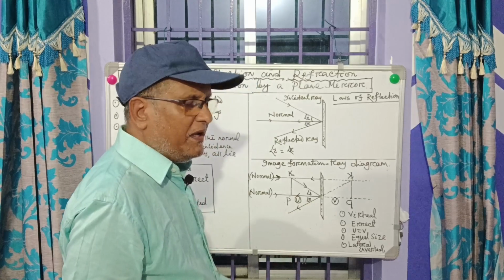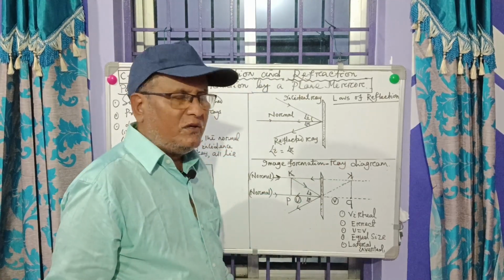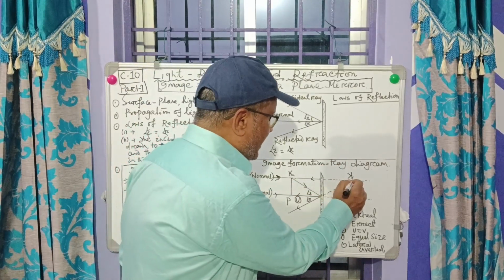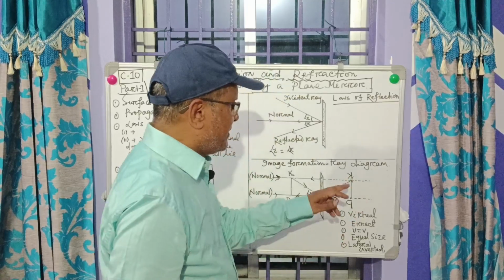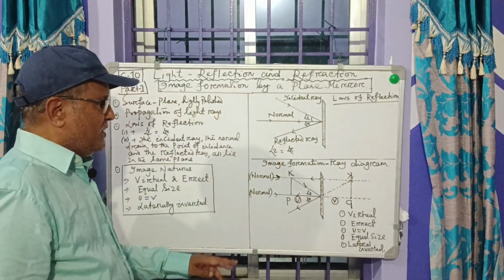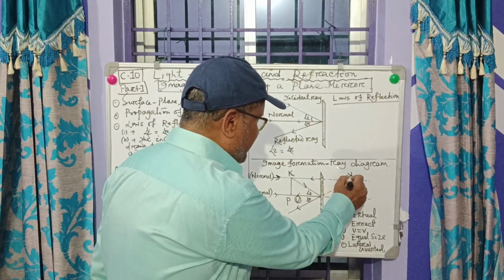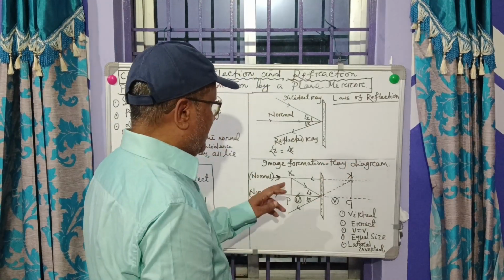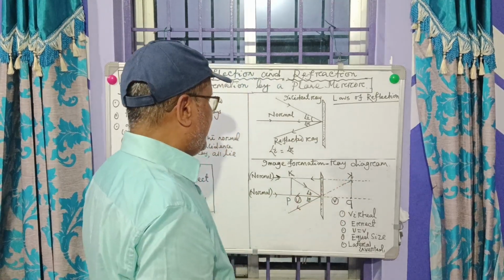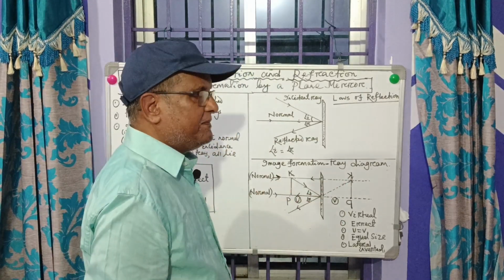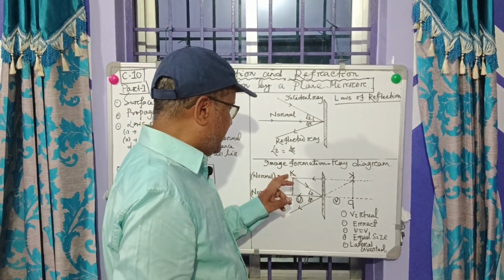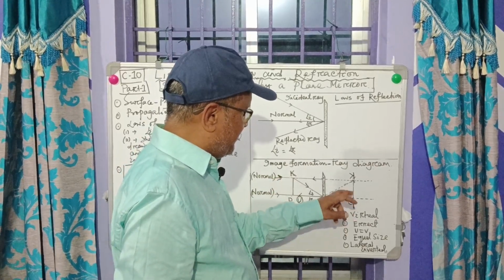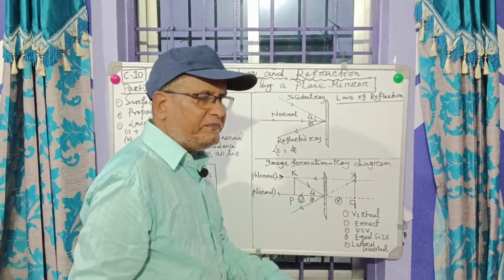But it appears to have come from the point K behind the mirror. So if we draw a perpendicular, that is KP, it will be the image of the object PK. So PK here is the object and PK there is the image.